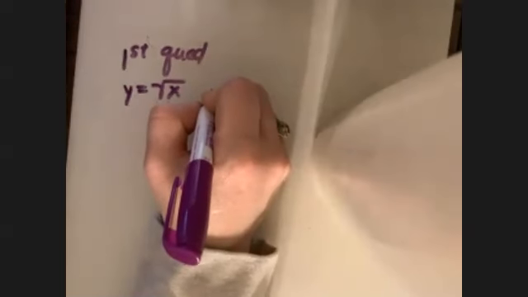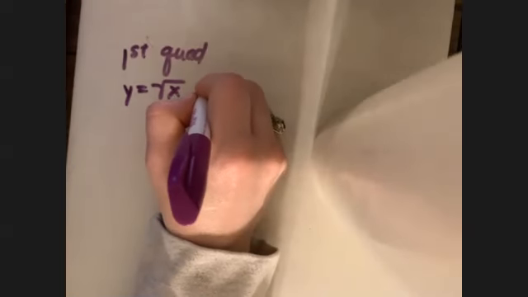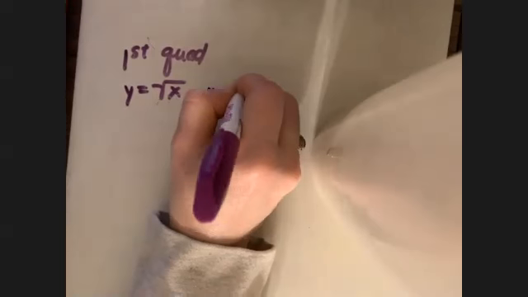So we want to do first quadrant. We're going to do y equals square root of x, and the line, and either the x-axis or the line y equals x minus 2.